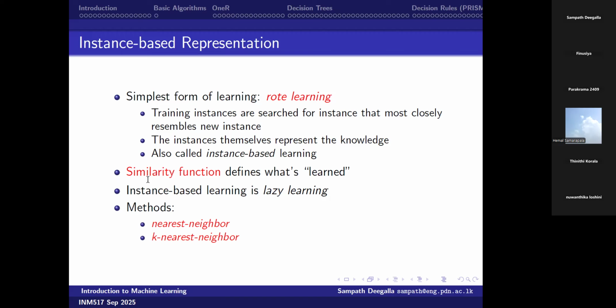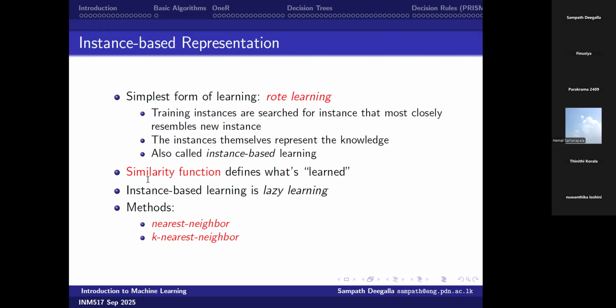So I hope you can understand that there is no training phase like in all the other algorithms we have discussed so far. Instead, it has a testing phase. The learning happens later in these algorithms. Therefore, we say this is lazy learning. If you take a machine learning algorithm like decision tree, we call it eager learning.